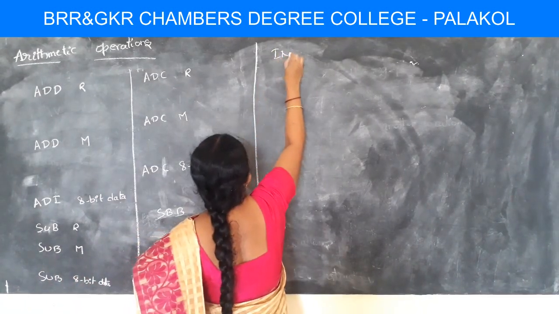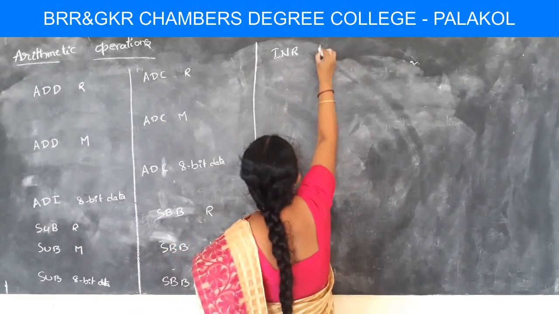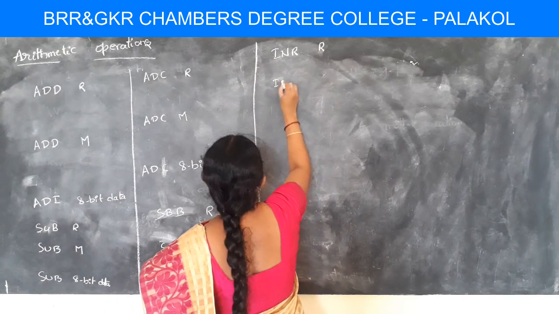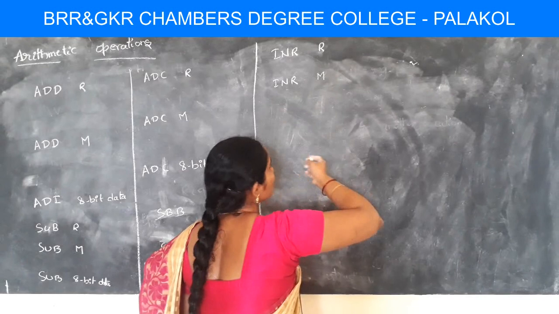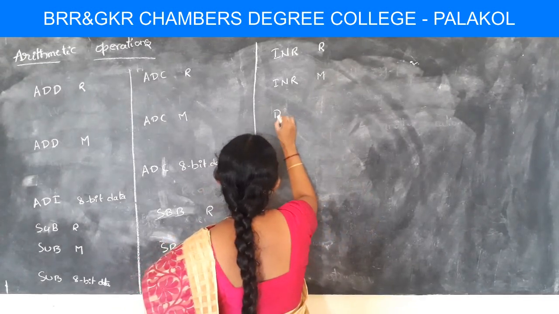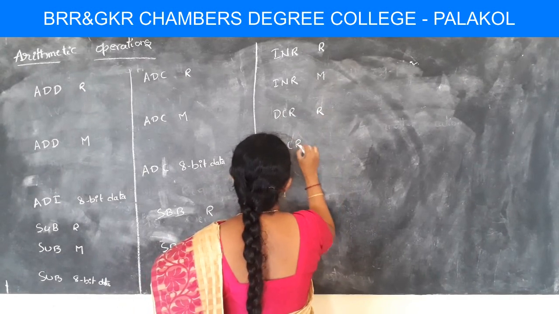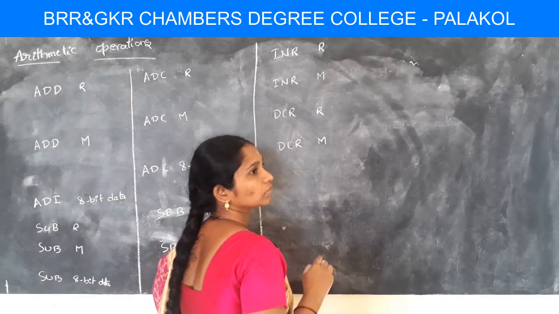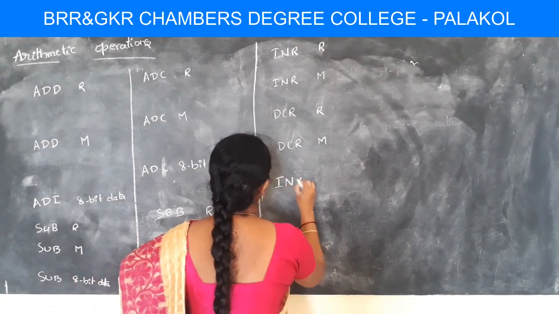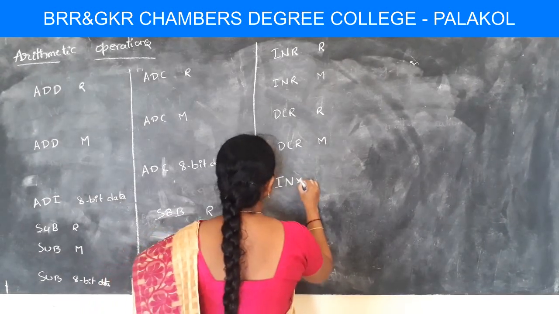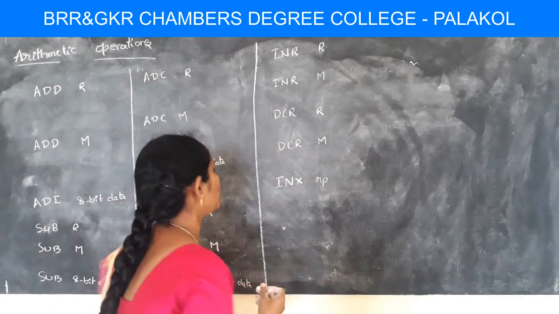Here INR is the increment operation: INR R, and another instruction INR M, that is the memory. The next one is decrement: DCR R and DCR M. Another one increments a pair of registers, that is INX RP, where RP is a pair of registers.